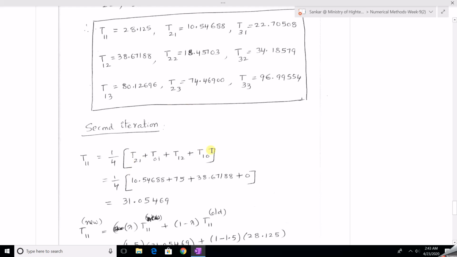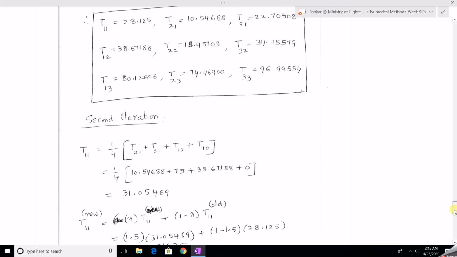So using those values, if we simplify, you will be getting 31.05469. Now we do the over relaxation to get a better approximation of T11. So T11 new is a better approximation of T11 in the second iteration. So T11 new is equal to lambda times T11 new plus 1 minus lambda times T11 old.